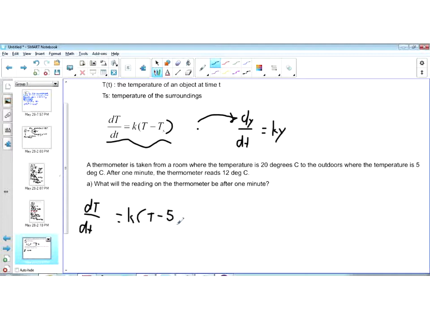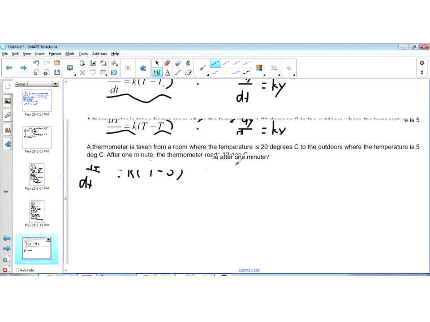So this would be 5 degrees. So we'll take Ts to be the outside temperature, because the thermometer is going to be sitting outside for a number of minutes, and you want to know how long it will take for the thermometer to register 12 degrees when the ambient air temperature is 5 degrees.